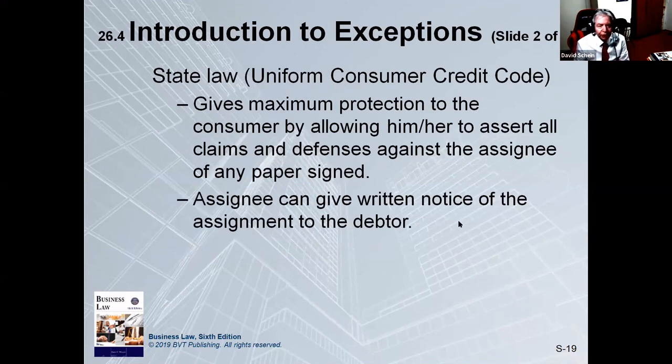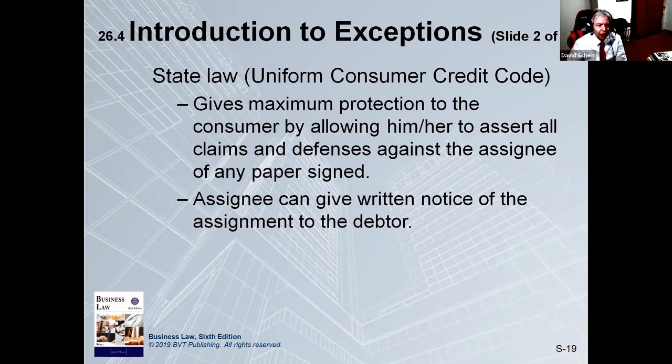The Uniform Consumer Credit Code gives maximum protection to the consumer by allowing him or her to assert all claims and defenses against the assignee of any paper that has been signed. I want to run this by you in a little bit more clear view. You may remember I've talked about the Texas Deceptive Trade Practices Act, the Texas DTPA, designed to protect consumers from unscrupulous business activities.